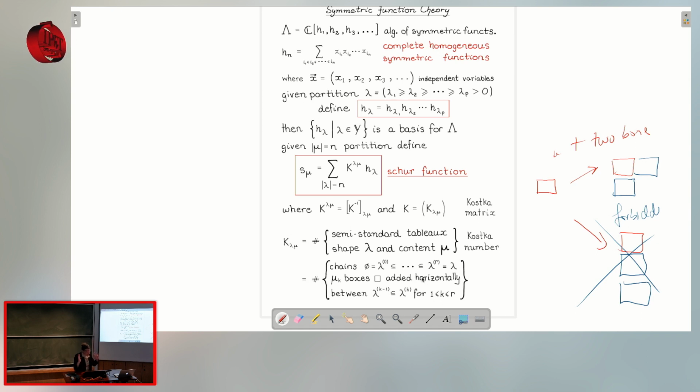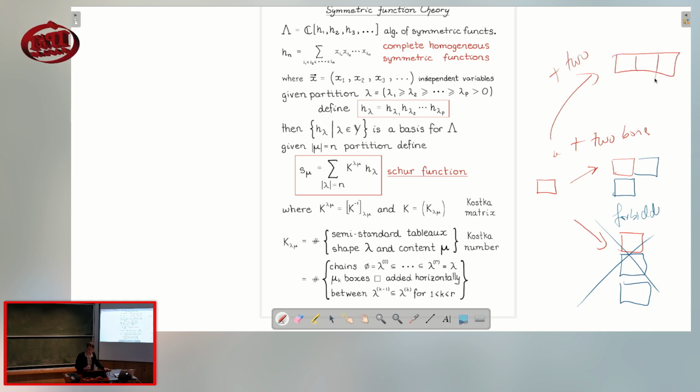Glibly put, this number is counting certain kinds of chains in the Young lattice which terminate at lambda, where the steps are controlled by mu. Could you have the partition 3, for example? Yes, if I added 2, I could go like that.